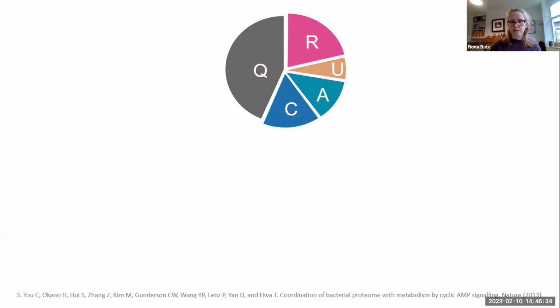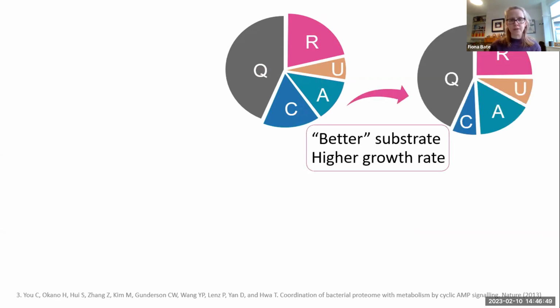So some substrates are better than others for a microorganism, by which I mean that they'll give a higher growth rate and faster doubling time. When you've got a better substrate, then the sizes of these sectors will change.